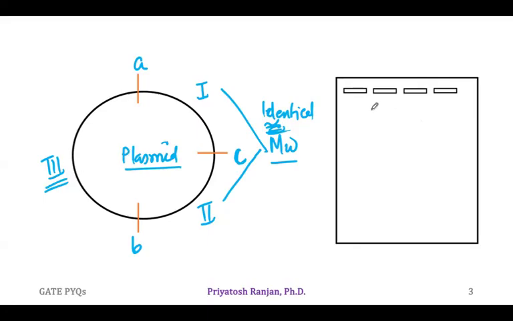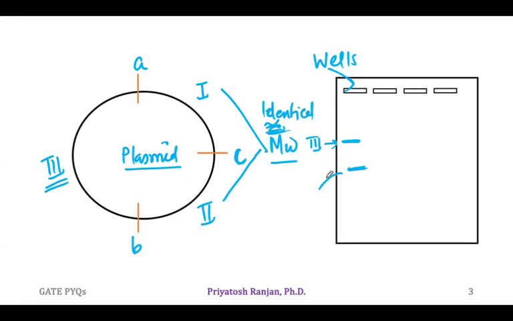So if I'm running my sample on the agarose gel, these are called the wells, I'll get 2 bands depending upon the molecular weight. The third is going to be heavier. So this corresponds to the third.